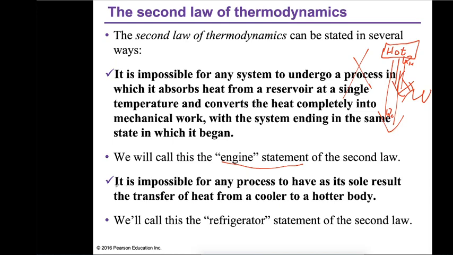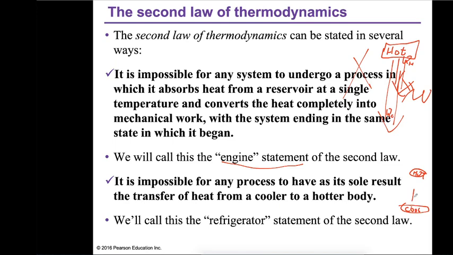Another way to describe the second law of thermodynamics is that it's impossible for any process to have as its sole result the transfer of heat from a cooler to a hotter body. For example, you have a hot reservoir and you also have a cooler reservoir.